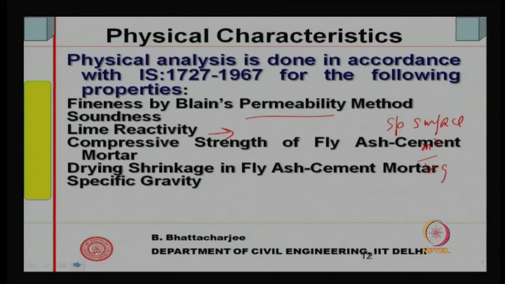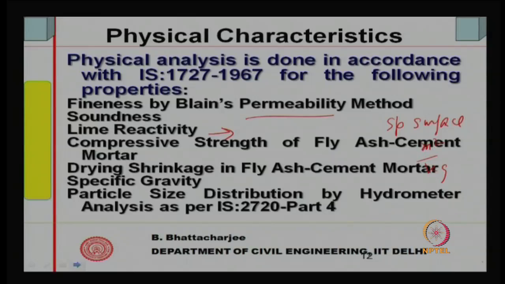Same instruments are used practically. You can also find out particle size distribution by hydrometer analysis, using Stokes law, which is done for soil, or by modern methods like X-ray diffraction, laser time of transition, etcetera.